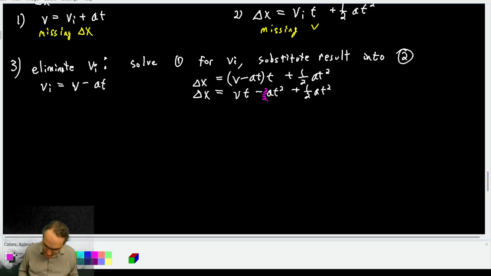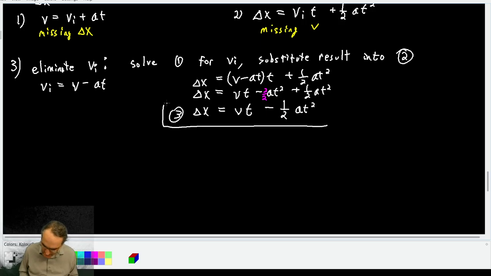Here we can do 2 over 2 to create a common denominator. So 2 over 2 is 1. It doesn't change the value of minus at squared at all, but it does make it obvious what the result will be when we add those together. We get v final times t minus 1/2 at squared. And that is our equation 3. This one is easy enough to derive that if you already know the first 2, I don't really recommend memorizing it because you can regenerate it very quickly.